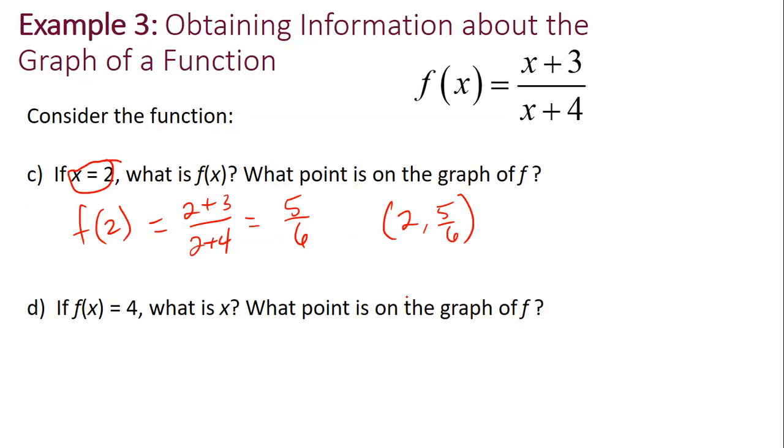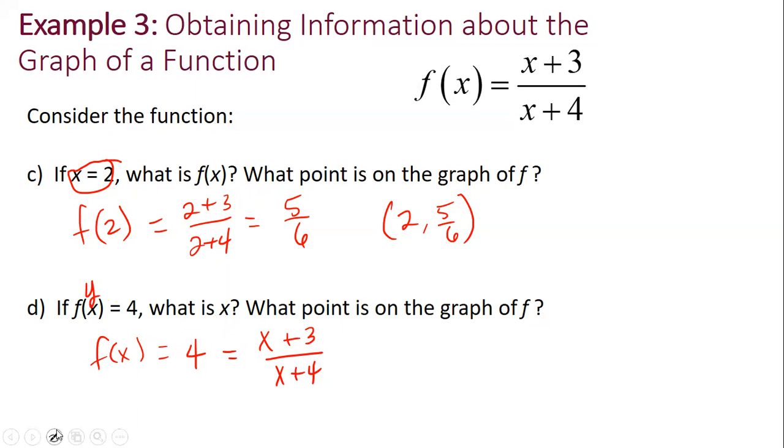The difference between C and D is that C gives us our X. D gives us our Y. Do we see that? So it's giving us that Y equals 4. So this time we're substituting in for Y, not for X. So we know that f of x equals 4, which equals x plus 3 over x plus 4.